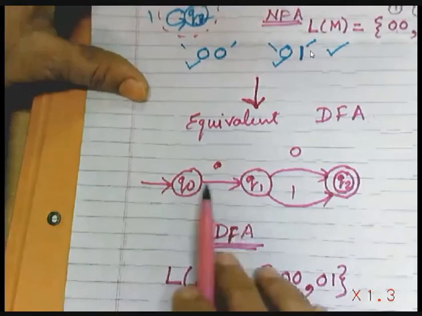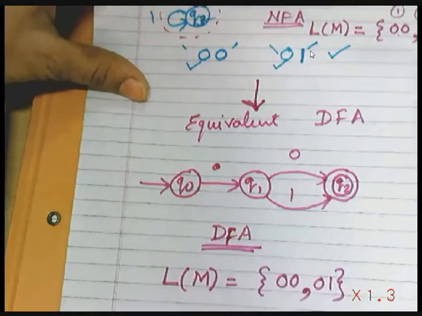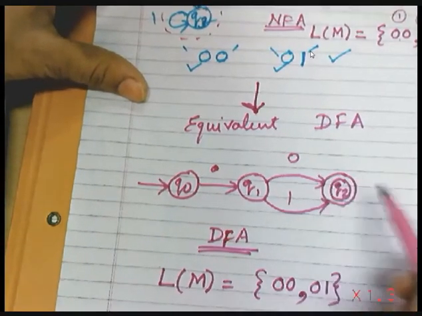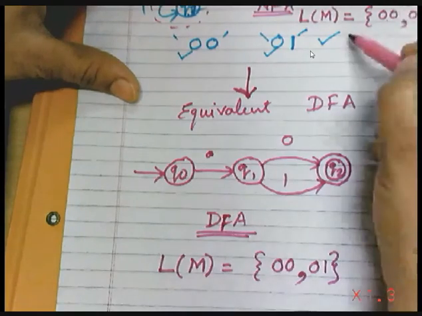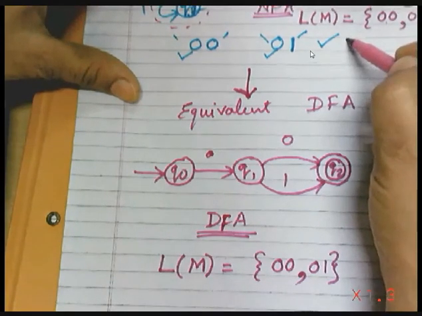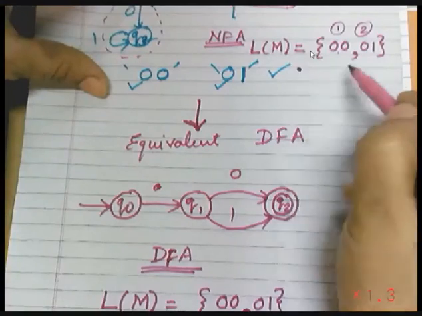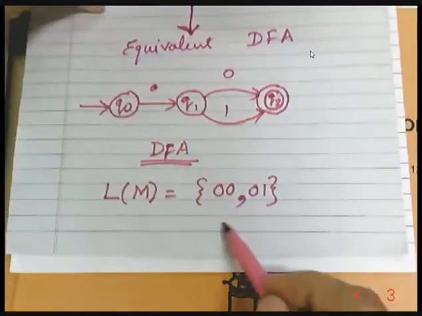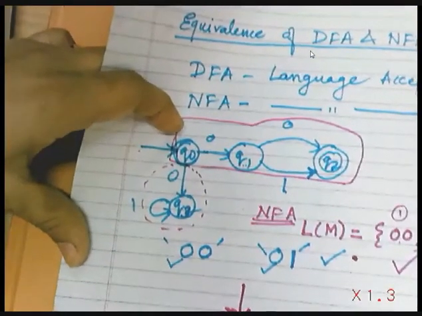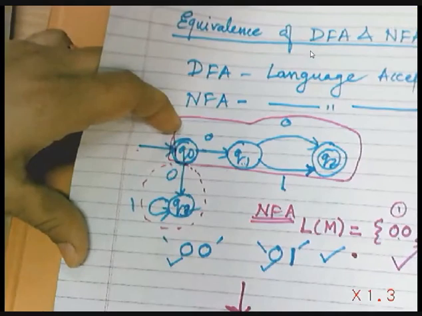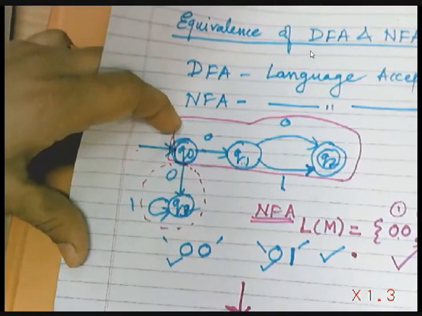Is it a DFA? Yes, because there is a single transition to a single state. So the language accepted by the NFA and by the DFA is the same. We can say that if we have an equivalent DFA of an NFA, then it has the same power.